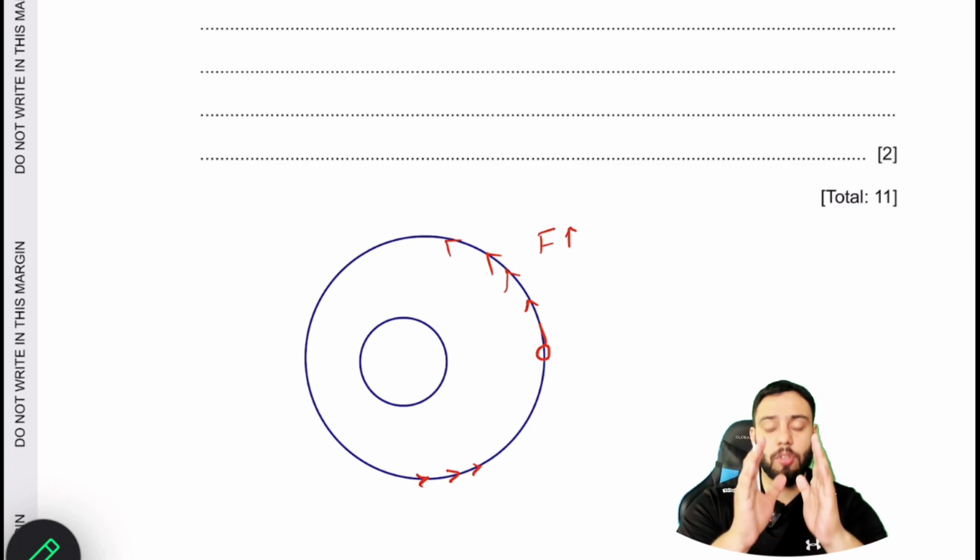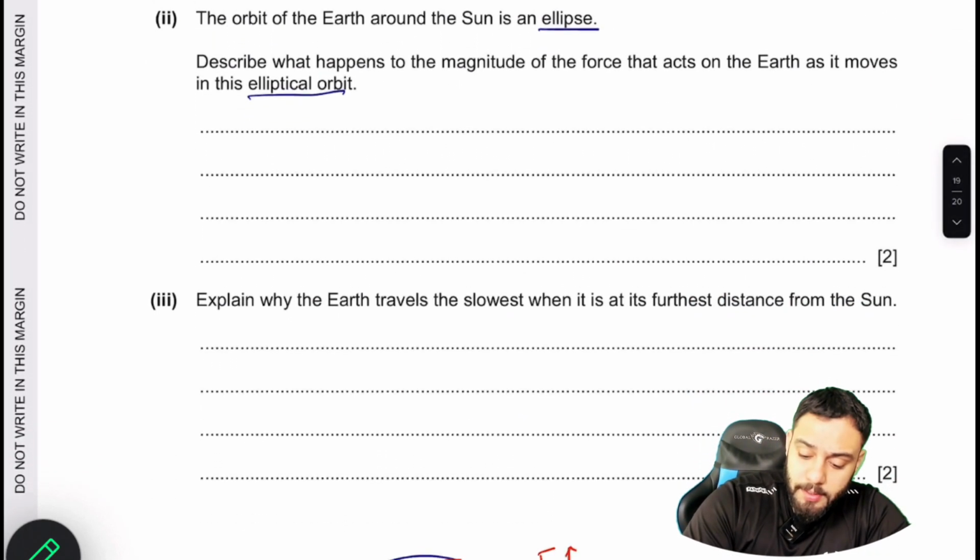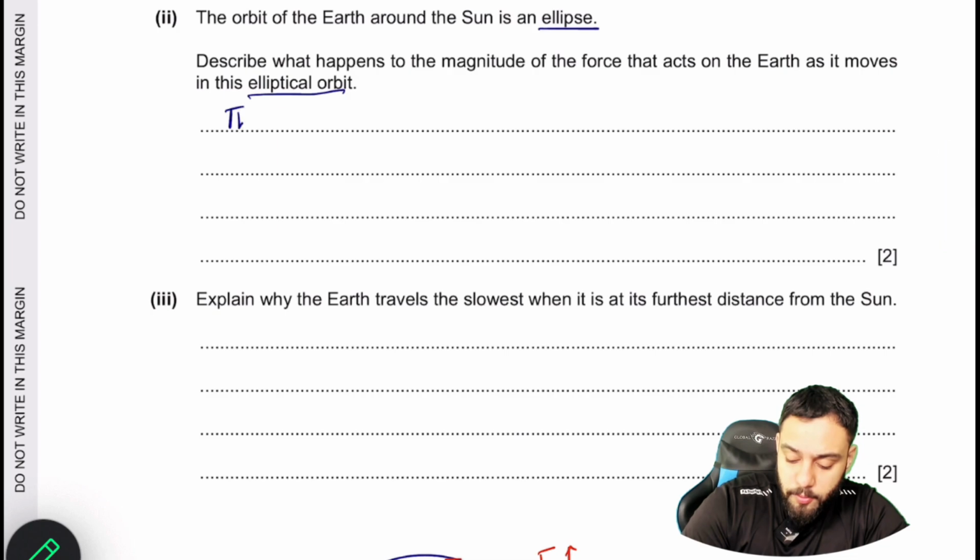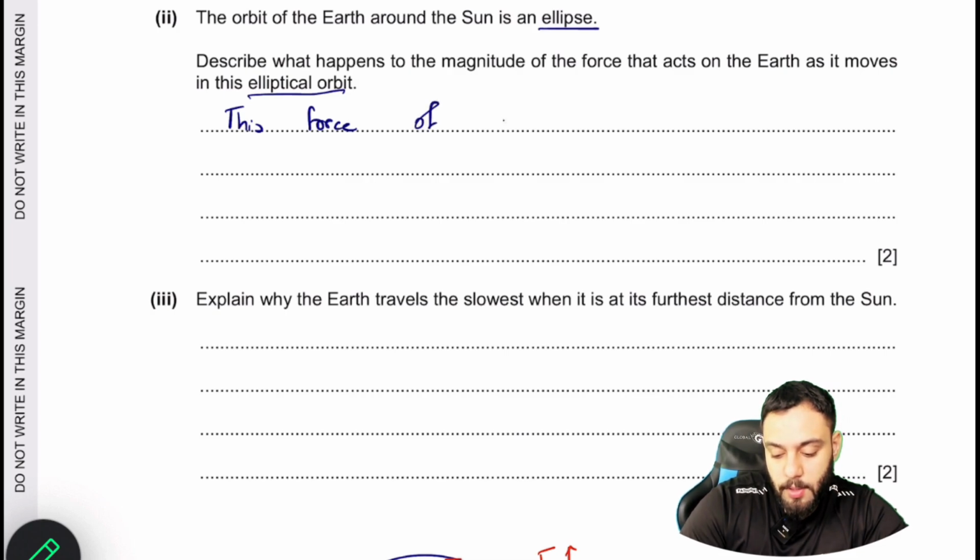So the answer is going to be along these lines: the force of gravity varies.